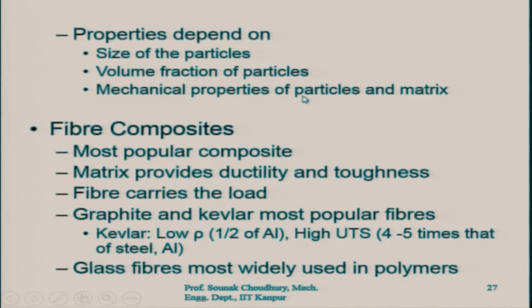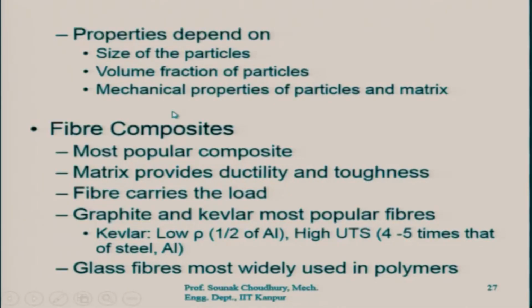Okay. In a composite material, the properties of the particles or the matrix may not be retained; the properties may be different, and normally they are better than the properties of the particles and the matrix taken individually.